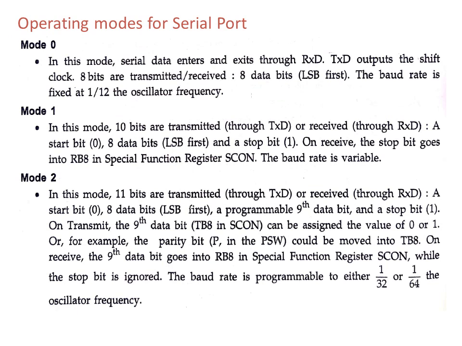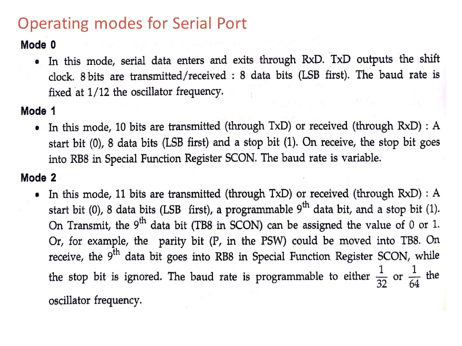The next topic is operating modes for the serial port. We already know that the serial port of the 8051 can operate in four different modes, that is mode 0, mode 1, mode 2 and mode 3. In order to work in mode 0, the SM0 and SM1 bits of SCON, the serial control register, should be 0 and 0.